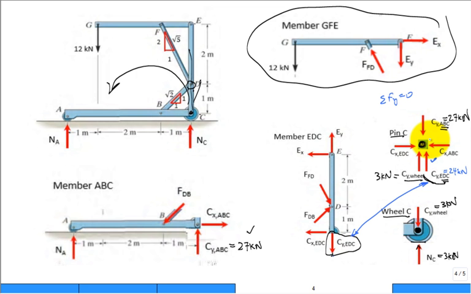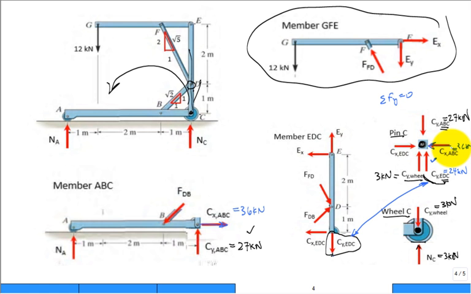The other was this CX ABC, we solved for that. That's 36 kilonewton. So if the pin is pulling this member ABC to the right, then the pin feels a force to the left equal and opposite of 36 kilonewton, isn't it?